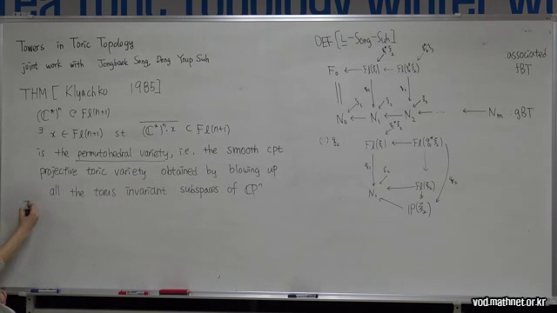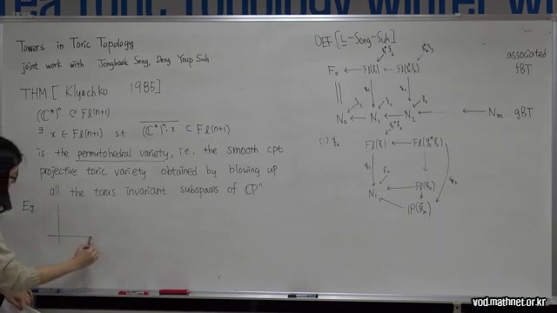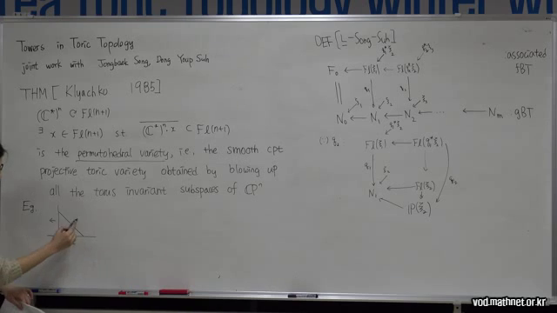So for example, consider the simplex CP^2 with this triangle, and consider the characteristic vectors as (-1, 0), (0, -1), and (1, 1). As you know, all of those faces correspond to torus invariant subspaces of CP^n.